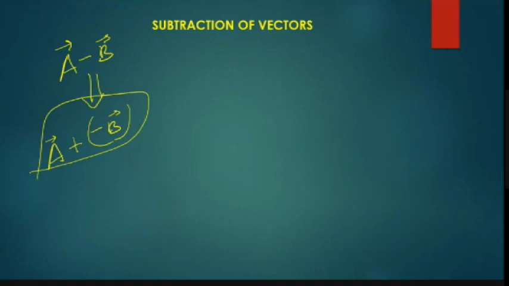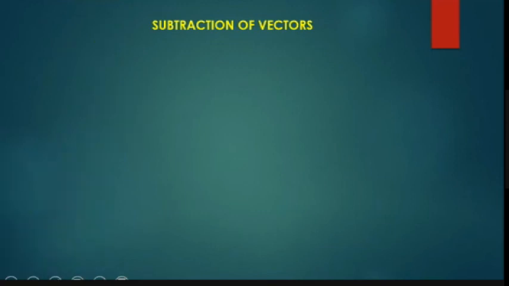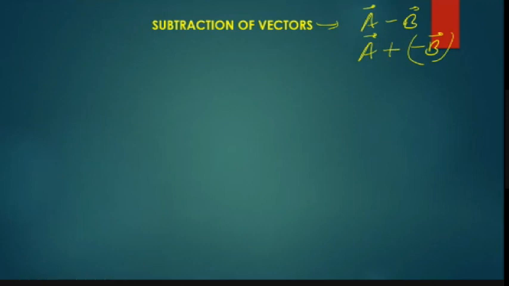Ashwini, can you give a try? I told A minus B. Actually, what I want to do is vector A minus vector B. Instead of that, I can do vector A plus minus B. Here we have seen what is vector A plus vector B. Also, we have seen what is minus of B, negative of a vector.